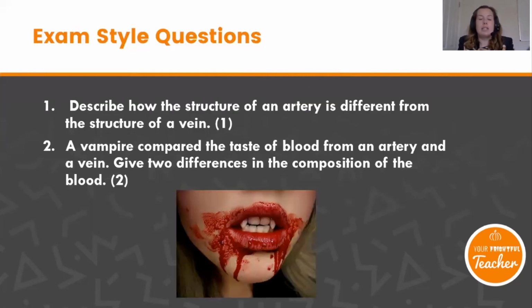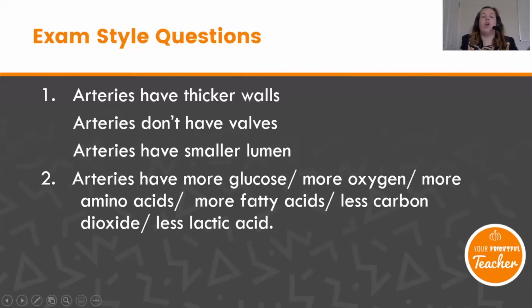And then again, compare the taste of the blood from an artery and a vein. They give two differences in the composition of the blood. So as I said, arteries are going to have more glucose, and apart from the artery that goes to the lungs, they're going to have more oxygen, more amino acids, more fatty acids, less carbon dioxide, or less lactic acid.